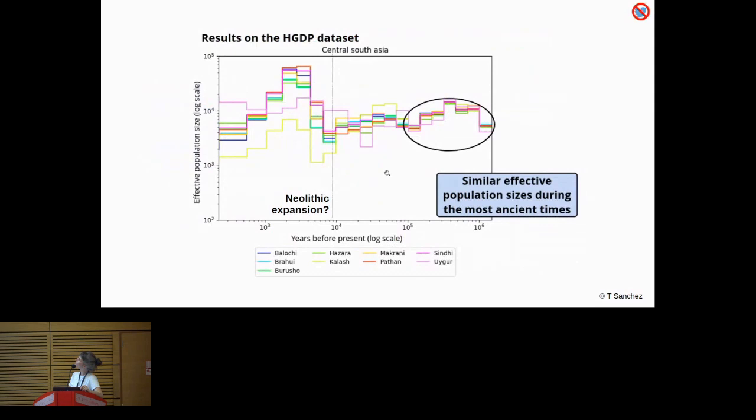For example, here is the result on the Central South Asian population. You can see that far away in the past, you share the same history, which makes sense because all the populations were merged into this ancestral population. And then more recently, there seems to be an expansion in many of the populations that could be linked to the Neolithic expansion.